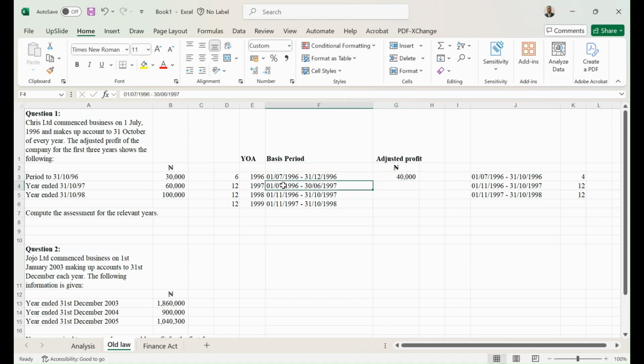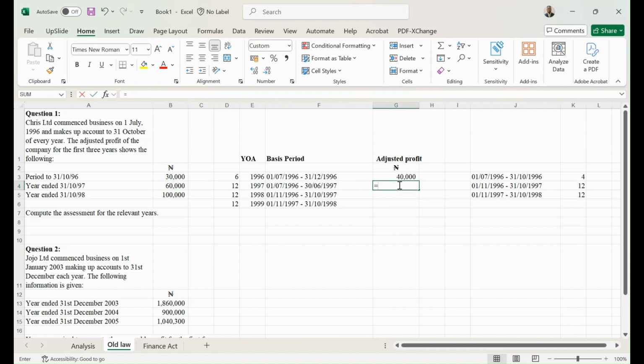Now the second basis period, which is this year of assessment, starts from the same place, so we are still going to be considering this 30,000. This basis period is from July to June, a 12-month period, out of which the first 4 months is this 30,000, meaning that the remaining 8 months is inside this 60,000 when you look at it critically.